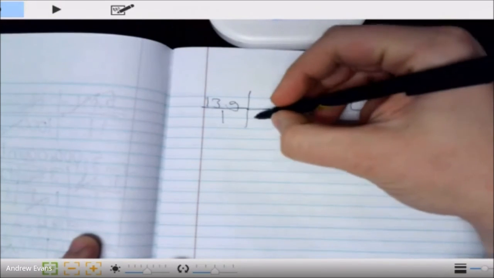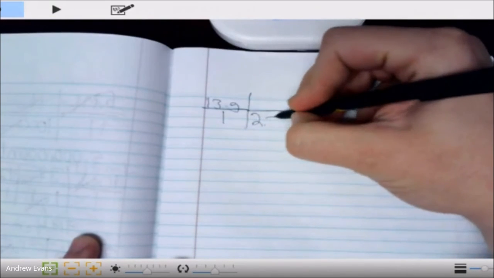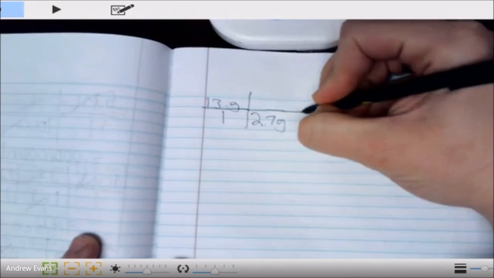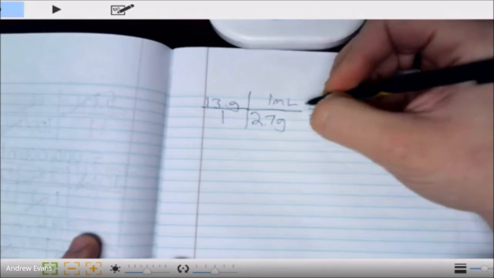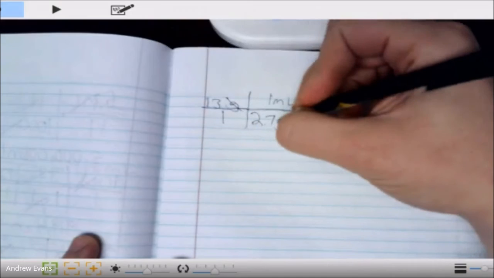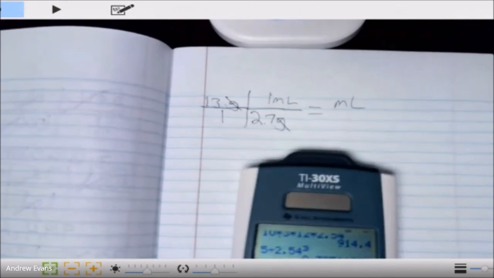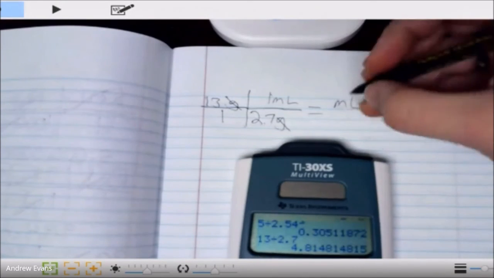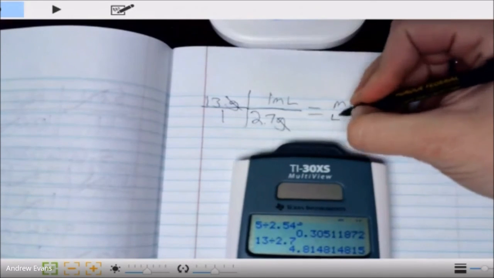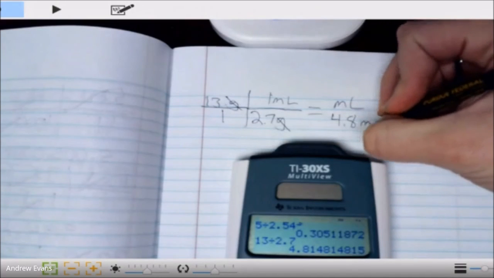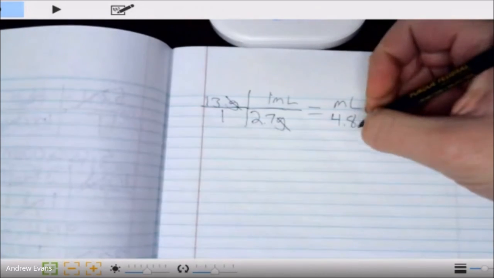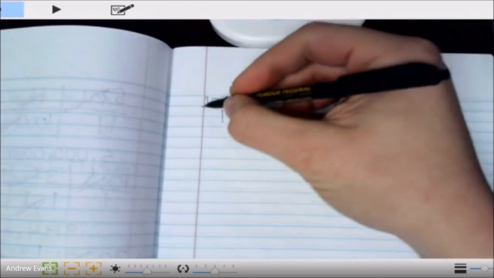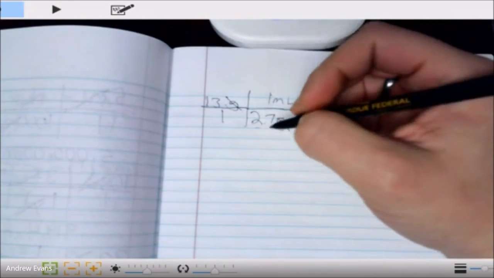So I'm going to divide by 2.7 grams in 1 mil. By doing that, grams and grams cancel out. And we're left with 13 divided by 2.7, which gives you 4.8 mils. I'm rounding it to 2 sig figs because I have 2 sig figs.